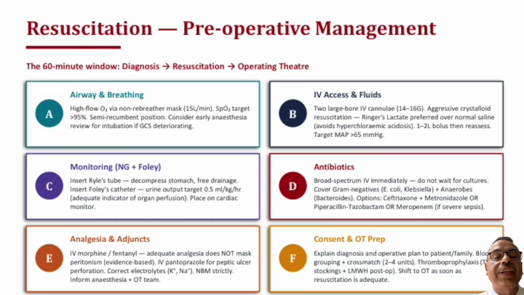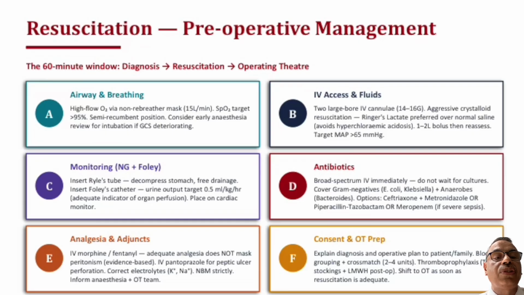Analgesia and adjunct care. IV analgesia in the form of fentanyl may be given, but analgesia generally should not mask peritonism. That is very important. If adequate analgesia is given, the patient is comfortable, and also it does not mask peritonism.